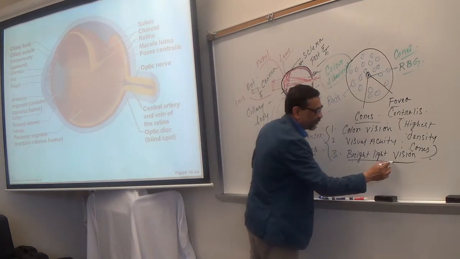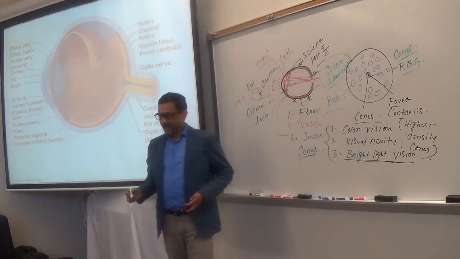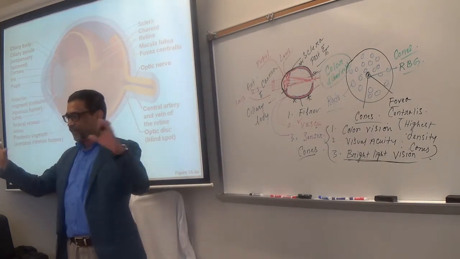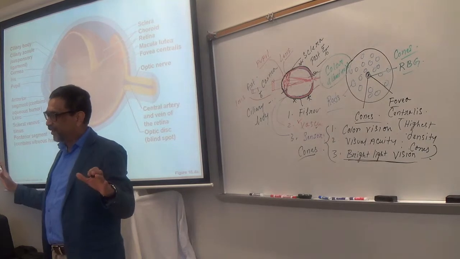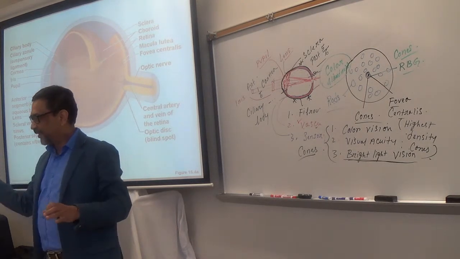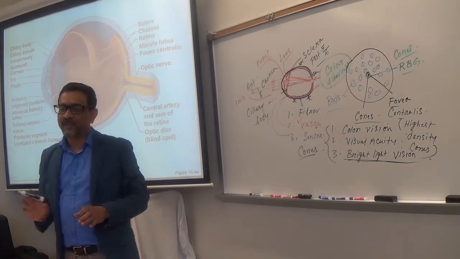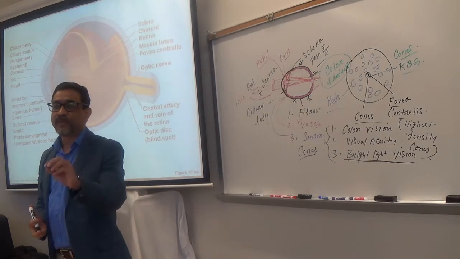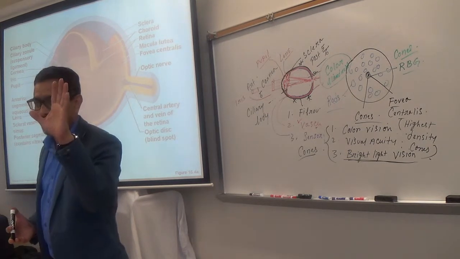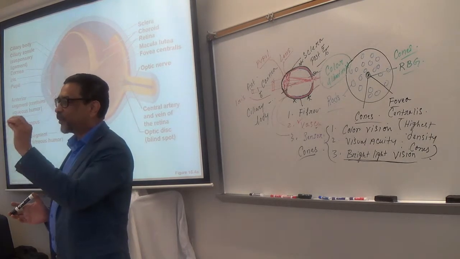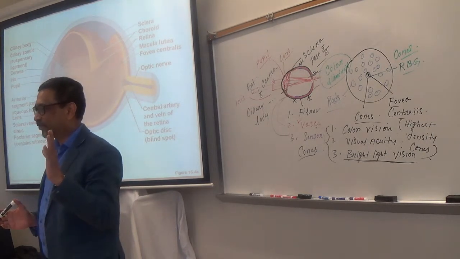Bright light vision: the cones help you to see in the presence of plenty of light. In dim light, at night, cones are not helpful. Make sense? So cones help you to see in bright light, and rods help you to see in dim light.